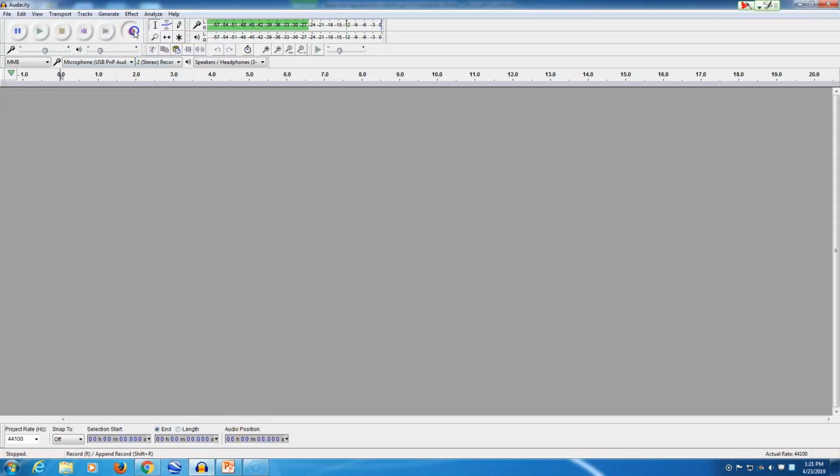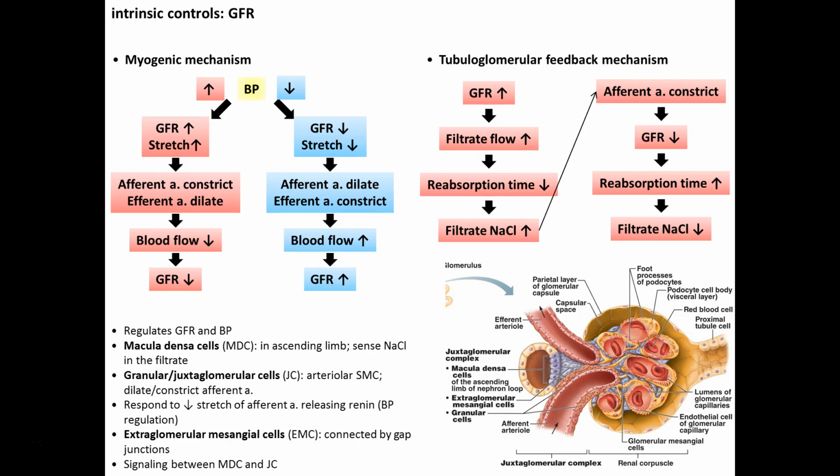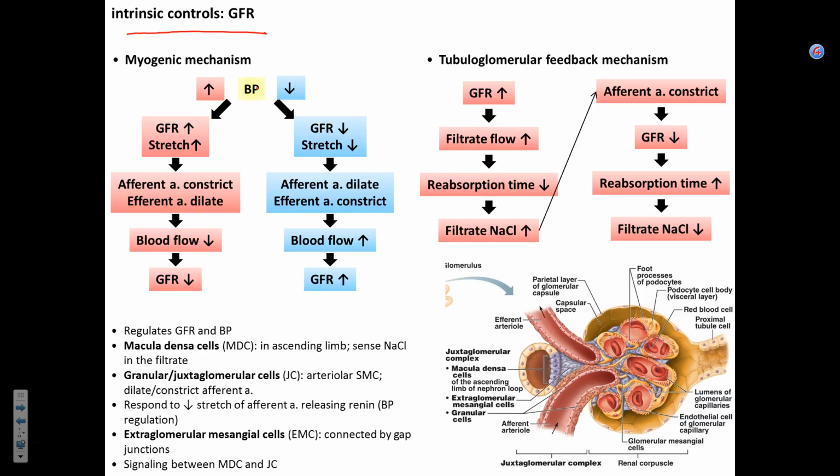So we'll recall what we were talking about last time, just a brief reminder. We were talking about the regulation of glomerular filtration rate by two different mechanisms. One mechanism responds to the changes in the blood pressure, myogenic.